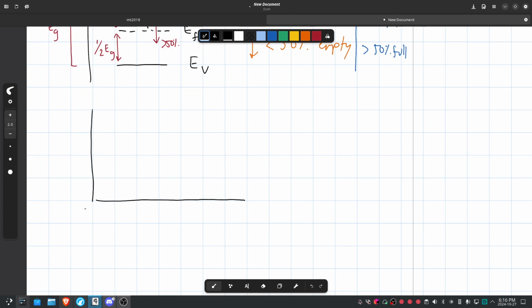This is going to be the energy at the valence band. This is the energy at valence, and this is going to be the energy at the conduction band. And along this way, we're going to have the percent full. This is 100%, and this is 0%.